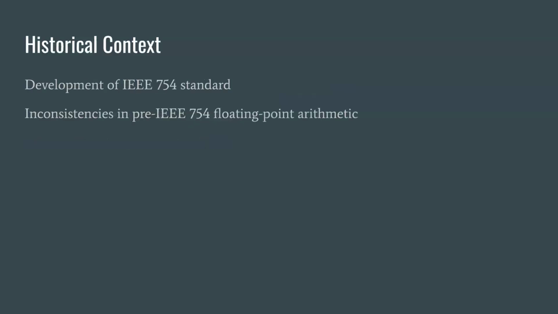Historical context. Before the IEEE standard was developed, there were significant inconsistencies in floating point arithmetic across different computer systems. Different manufacturers had their own ways of representing and handling floating point numbers, and this led to varying results and numerous challenges in scientific and engineering computations.